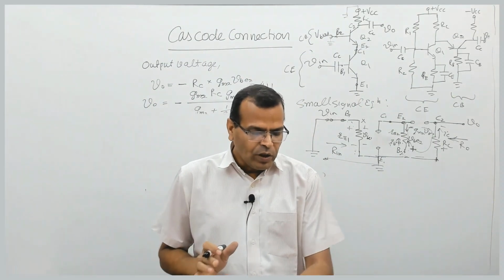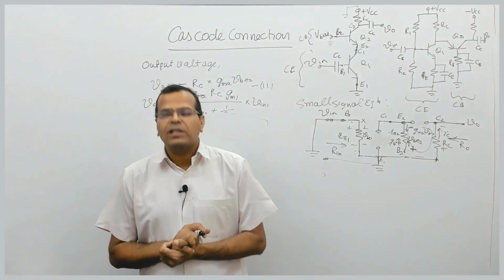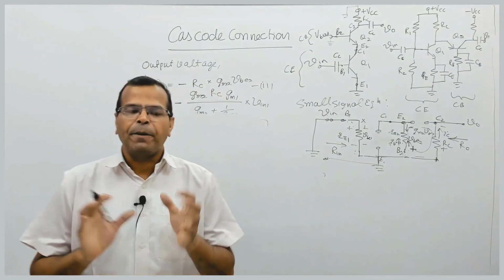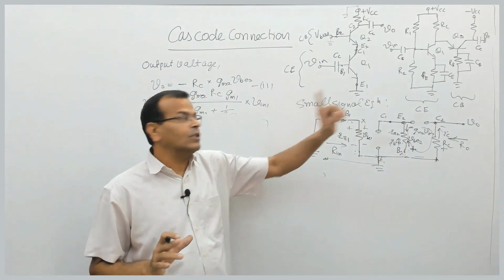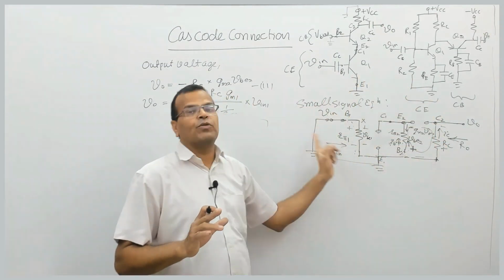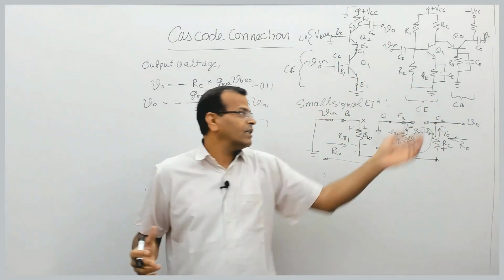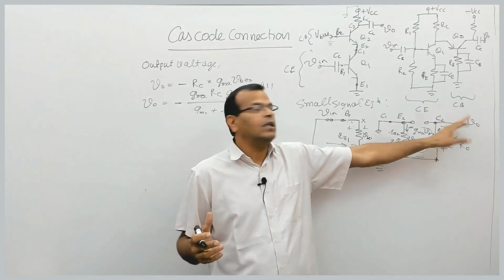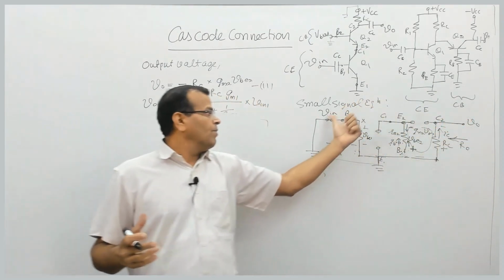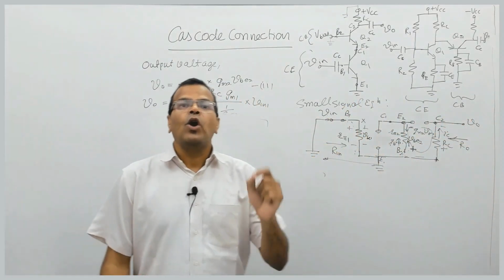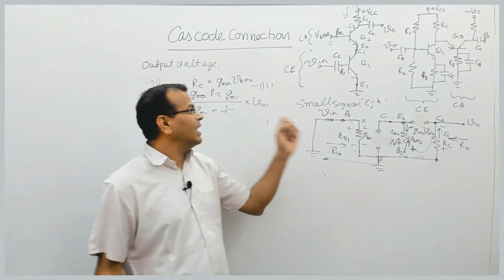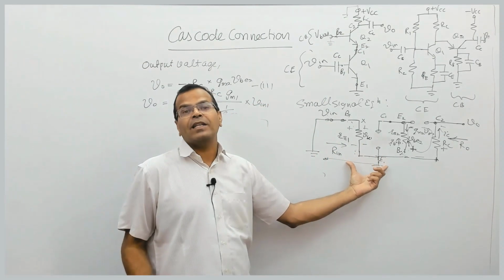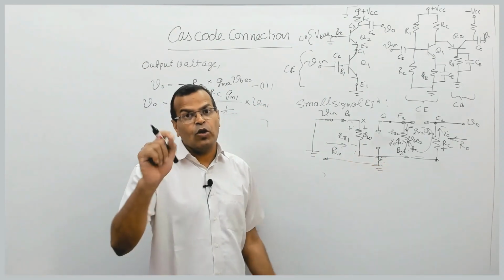Fine. Number 4, the 4th point, is another important point. The cascode amplifier has an overall transconductance. Transconductance is what? Output current by input voltage. The overall transconductance of cascode connection is the same as the transconductance of the input stage, that is the common emitter stage.